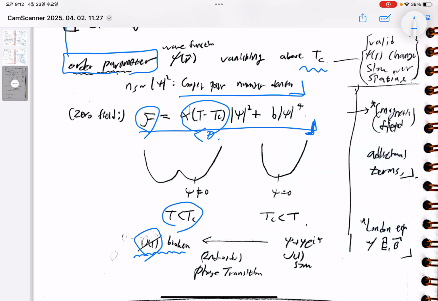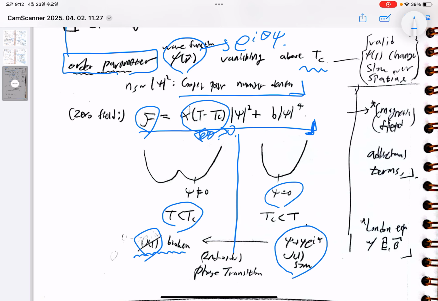Here the U(1) symmetry associated with such a wave function is broken. This can be transformed with the U(1) phase factor. But above the critical temperature, the quadratic term becomes positive, so the order parameter becomes zero to minimize the free energy, and the U(1) symmetry of the wave function with the phase factor is restored.